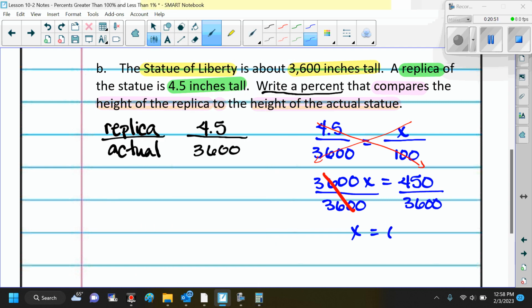So 0.125, that is the number, remember, that goes in for x. So this is 0.125 per 100, so that makes this 0.125%. Okay?